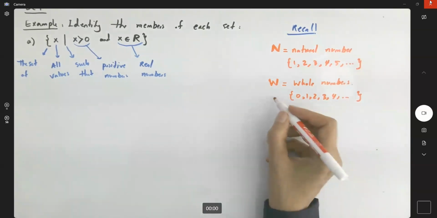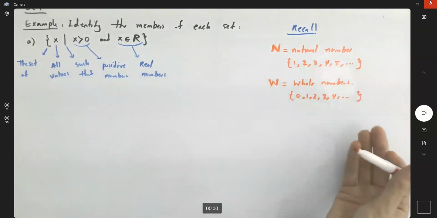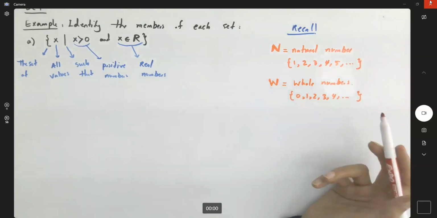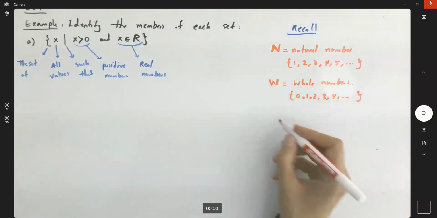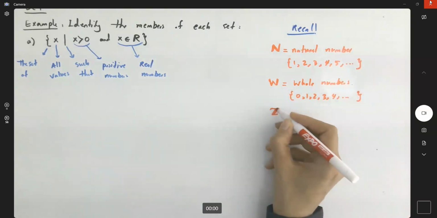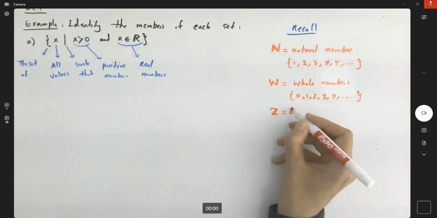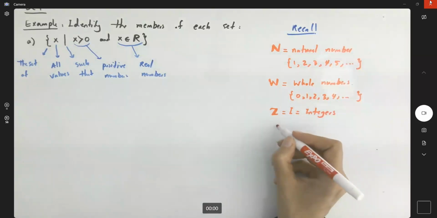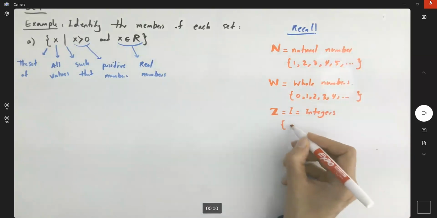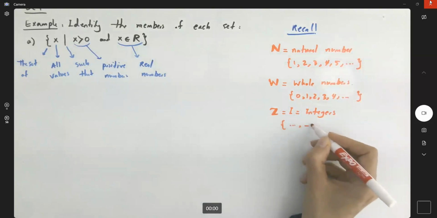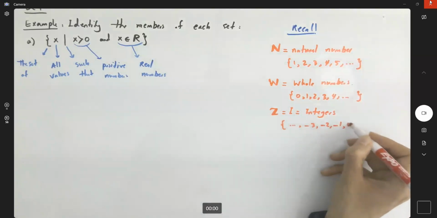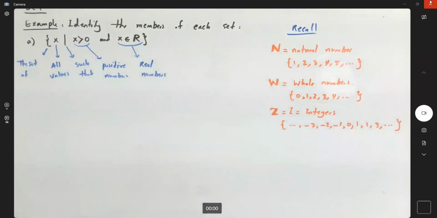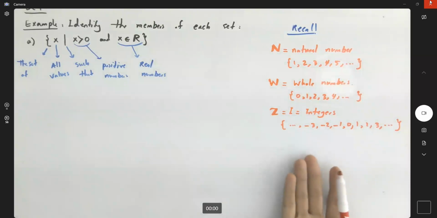Well, these don't have any negative numbers, am I right? So we're going to add negative numbers to this set and create something new. Z or I representing the integers. This set has some negative numbers: -3, -2, -1, 0, 1, 2, 3, and the rest of the positive numbers. Well, we might say, hey, we don't see any fractions here.